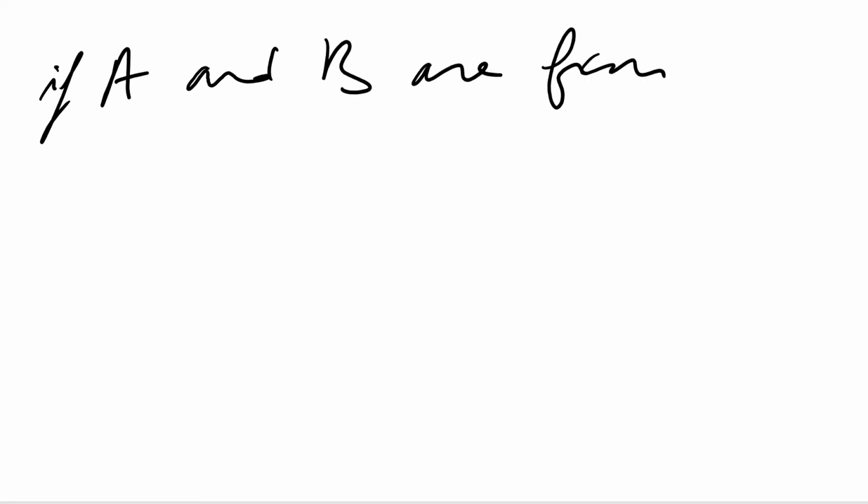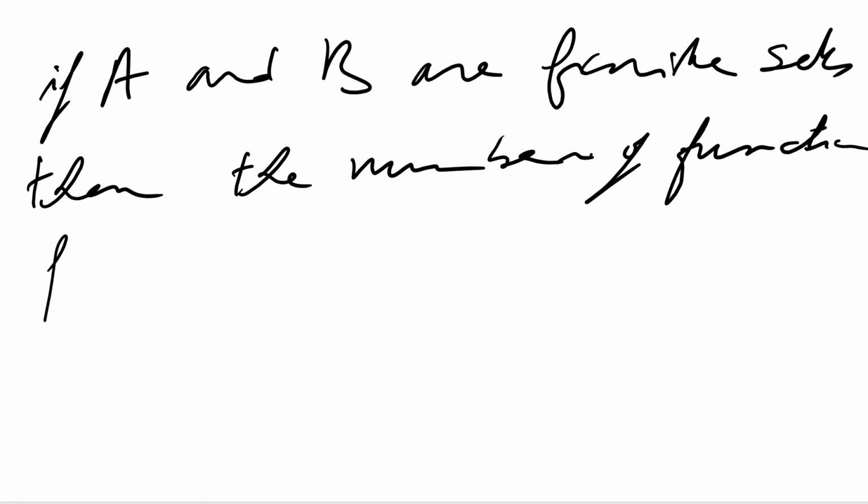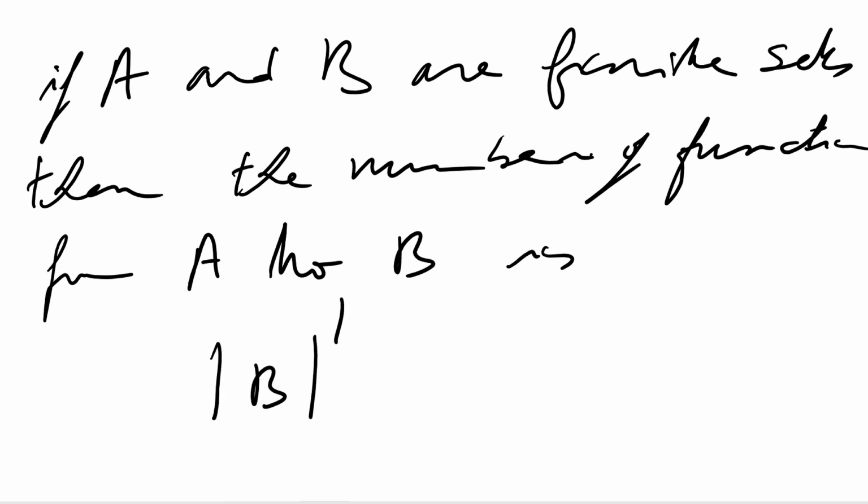We say if A and B are finite sets, then the number of functions from A to B is the cardinality of B to the power of the cardinality of A.